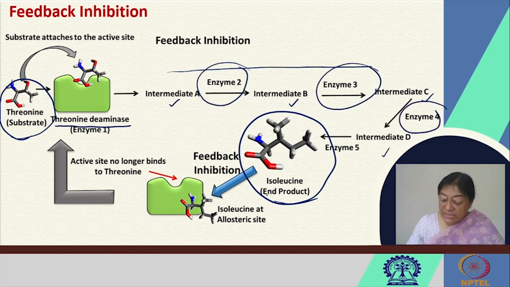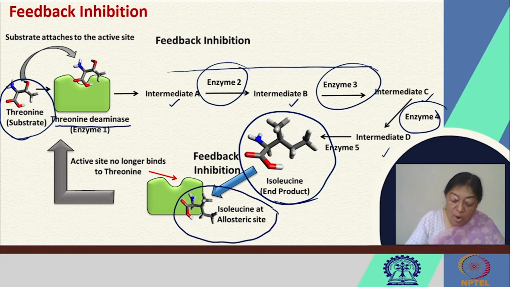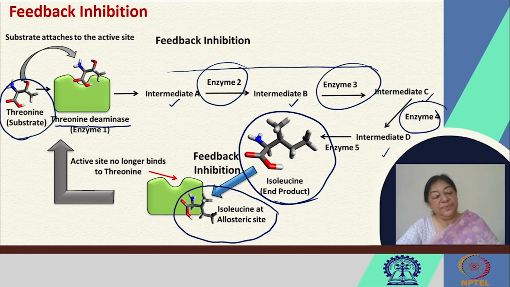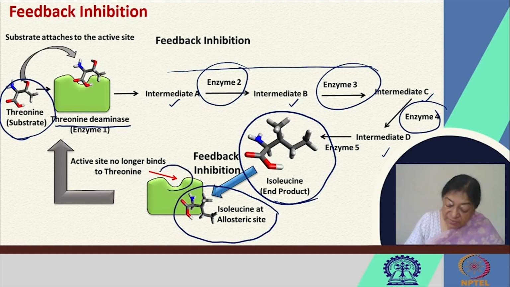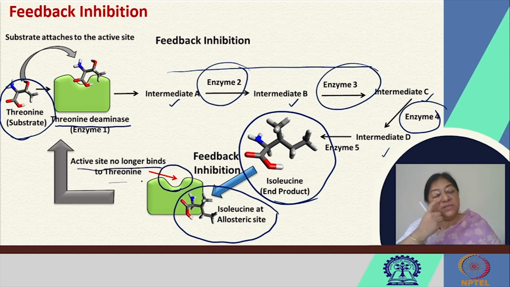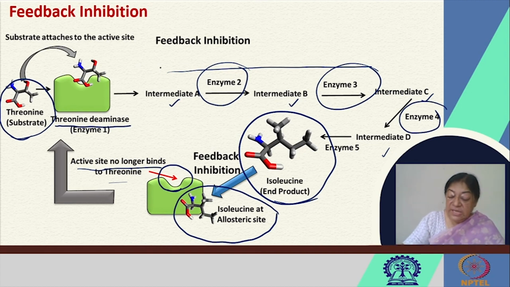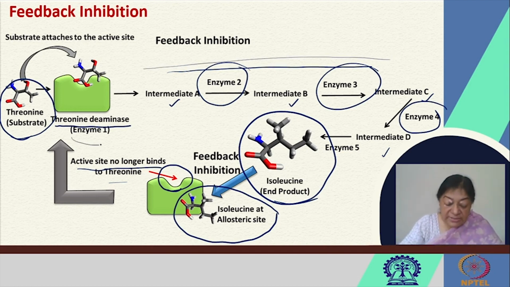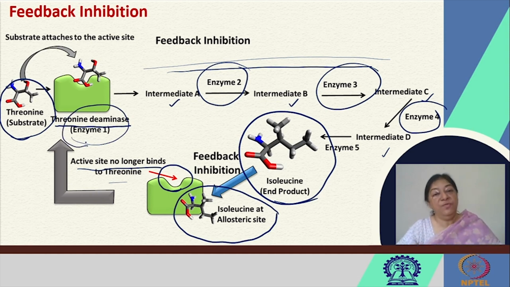However, isoleucine acts at an allosteric site of threonine deaminase. What happens, therefore, is it changes the shape of the active site, and the active site can no longer bind threonine, which means that the final end product of this series of reactions will bind to the initial enzyme 1, thus preventing its own formation.